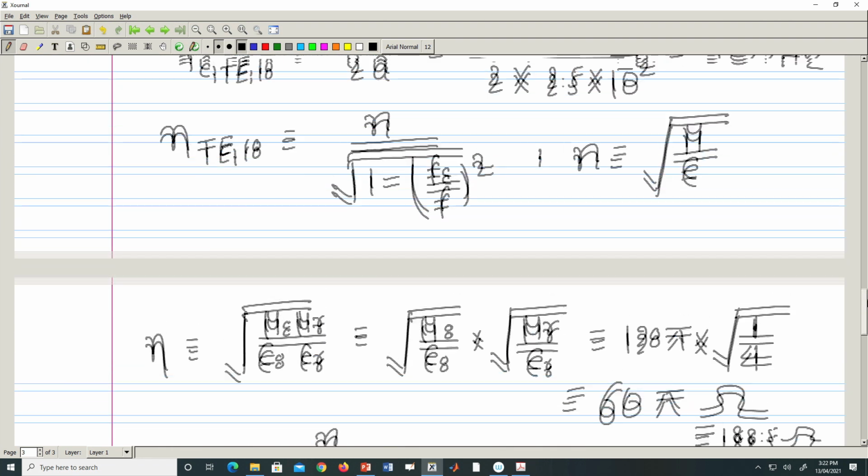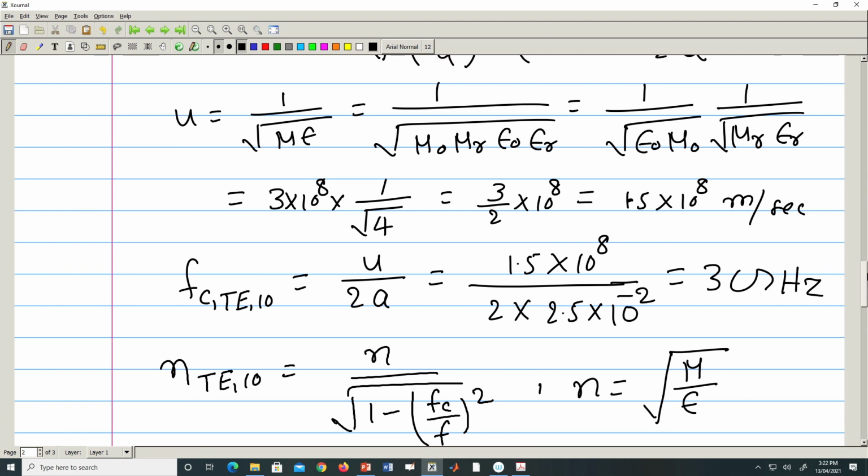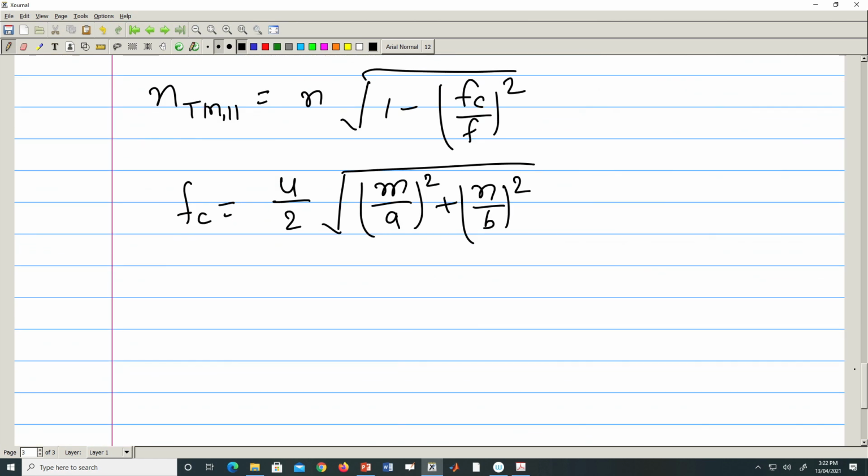So, in this case also u will be the same, that is 1.5 into 10 to the power 8 by 2 a square root of 1 divided by 2.5 into 10 to the power minus 2 whole square plus 1 by 1 into 10 to the power minus 2 whole square.